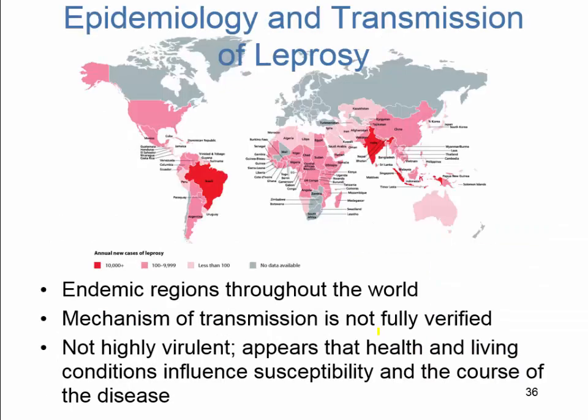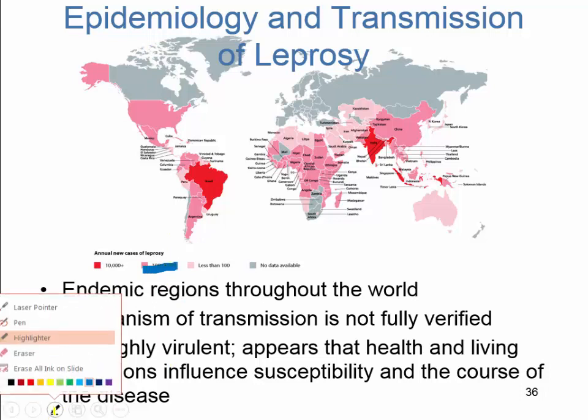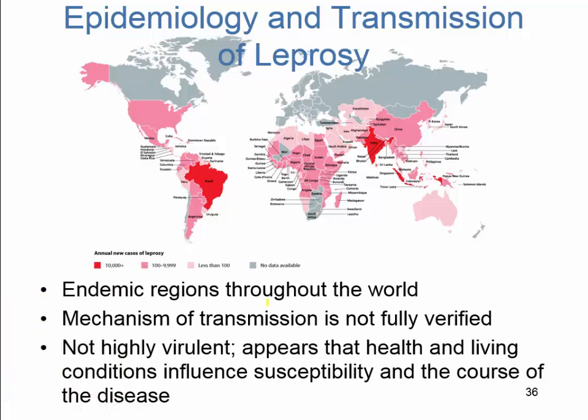And so when we think about leprosy, it is still here, right? So annual cases of leprosy are shown here. Let me change this color. Red's probably not the most accessible color for people. Okay.